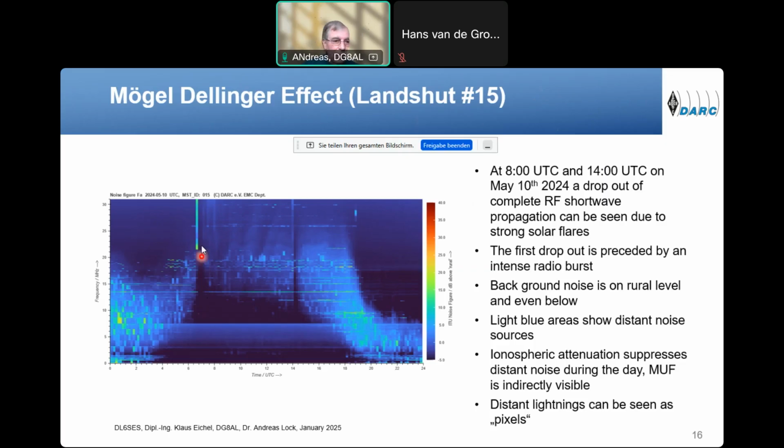And the first drop was also preceded by a strong radio burst. Because the Landshut station is a very quiet station, this effect could be very clearly seen.